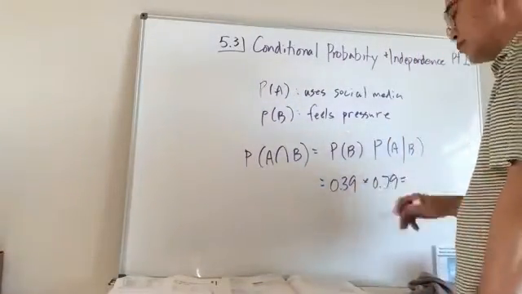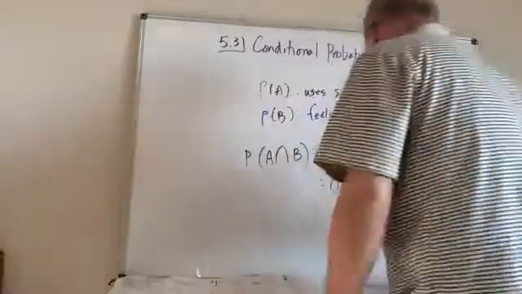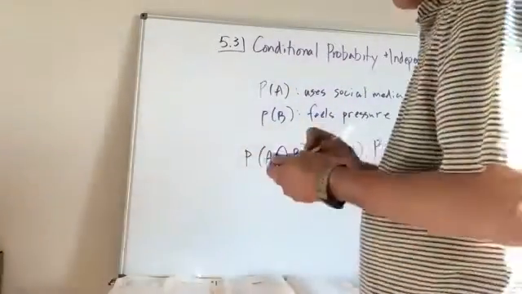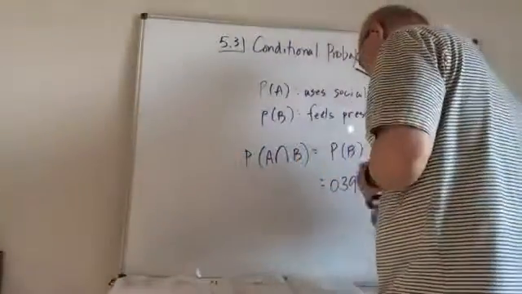So you just multiply those two together and you're going to get 0.308. Okay, pretty simple.